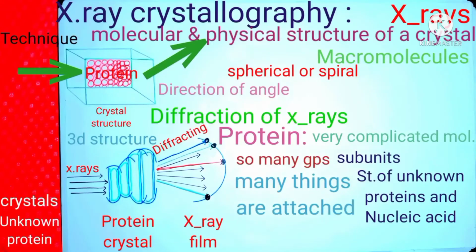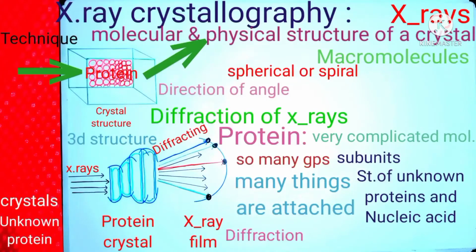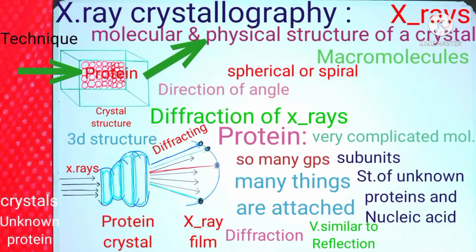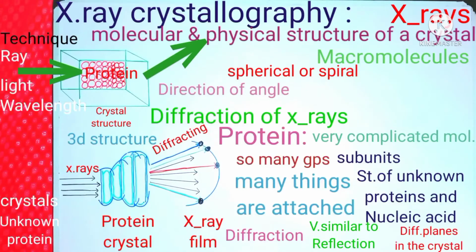That means there should be a plane for the diffraction. If we study diffraction in the overall process, it is very similar to reflection. Suppose there is a ray, light or wavelength, that comes in. It hits this specific plane and is reflected away. That's the notion. So the diffraction is due to different planes in the crystal.